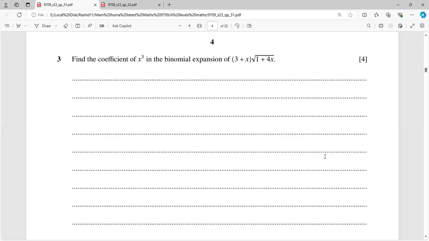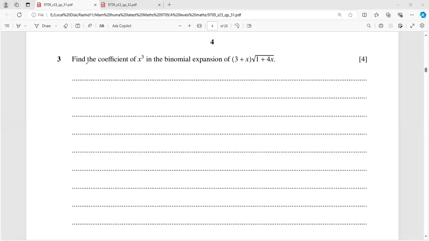Over here, we have this question. Before starting this question, because that question belongs to the binomial theorem, first of all, I just write the binomial theorem over here.